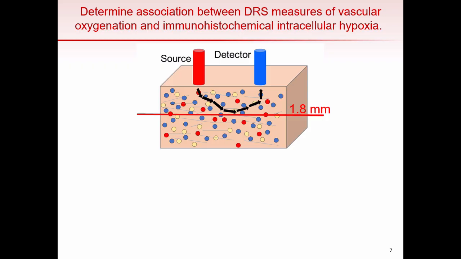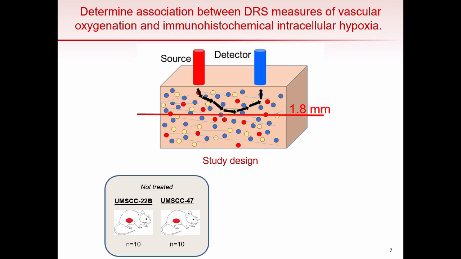To validate this, we used pimonidazole, which is a very accepted hypoxia marker, and we ensured to compare pimonidazole from the same depth as the sampling depth of our tumor. To test all of this, we injected 2 different head and neck cancer cell lines into 20 nude mice.